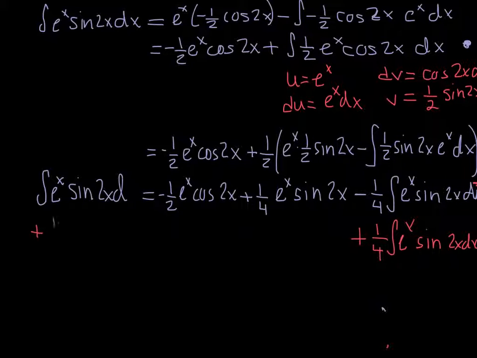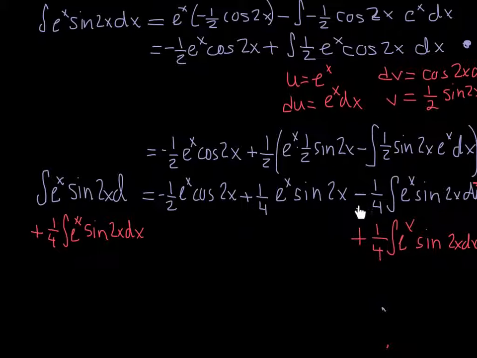That will be plus 1/4 integral of e to the x times sine of 2x times dx. As you can see, if we add in both sides of the equation the same quantity, we keep the balance, we keep the equal sign.